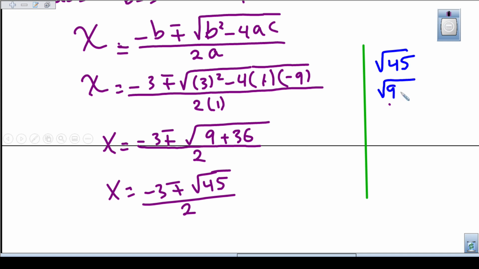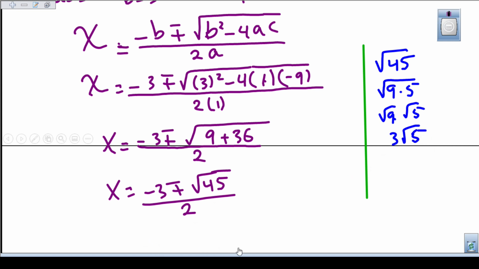I have a 9 times 5, which is square root of 9, square root of 5, which is 3 square root of 5.